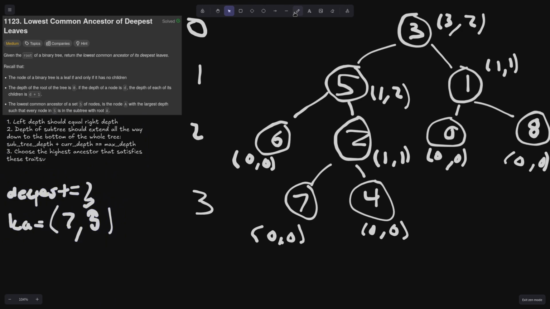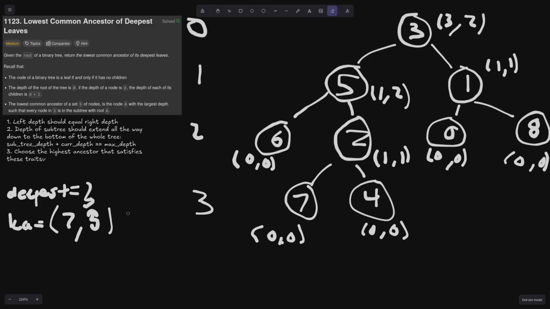All right. So because 2 is higher than 7 and 4, we're going to choose that one because it's technically a higher ancestor, and if it's equal and its subtrees are like this, that means that it contains all of the deepest leaves.